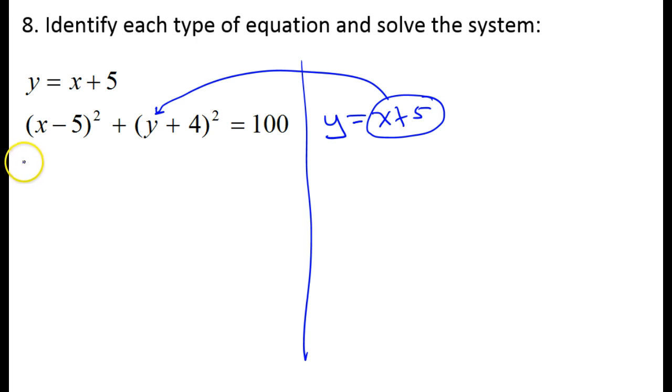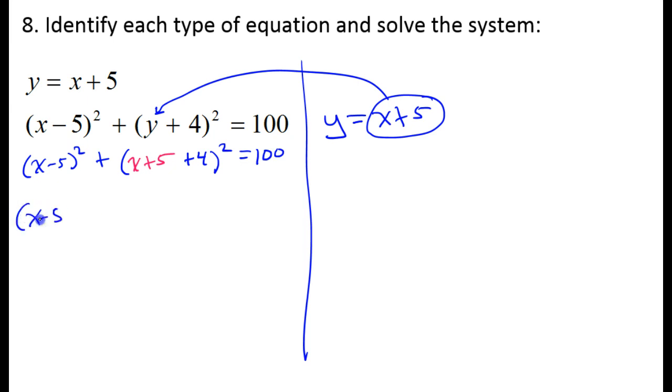If I do that, I'm going to get x minus 5 squared plus, and instead of y, I'm going to put x plus 5, because y equals x plus 5. And then the rest of it, plus 4 squared is equal to 100.